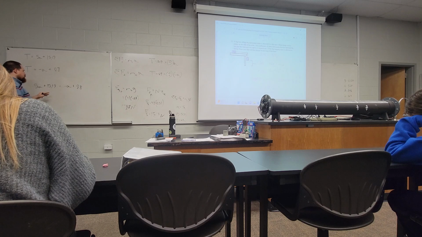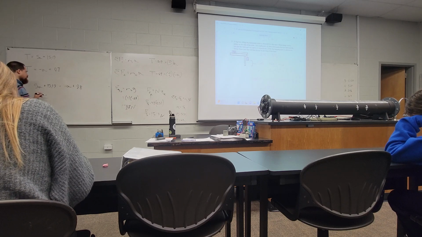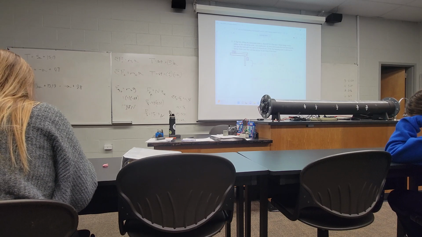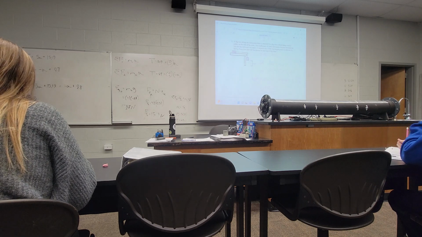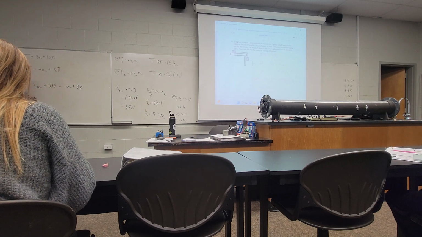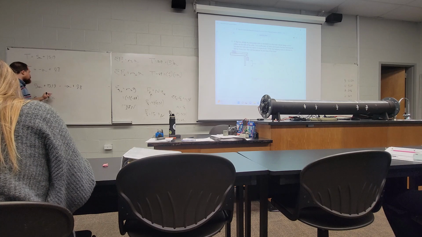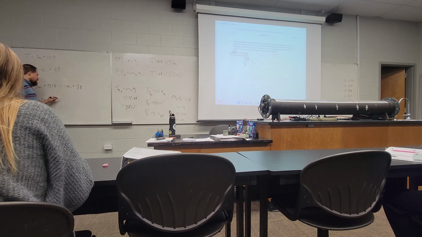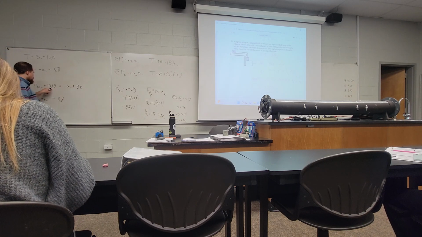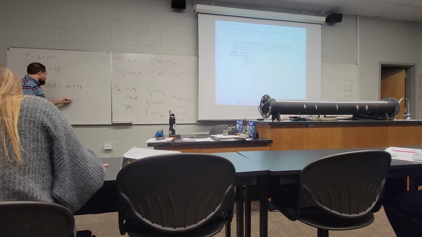Now we want all the A terms on one side and all the not A terms on the other. I'm going to bring this A over here. 5A plus A is going to equal 9.8. Got to bring this term over, so the 15.19 is going to become negative.